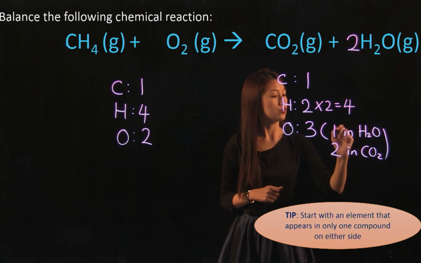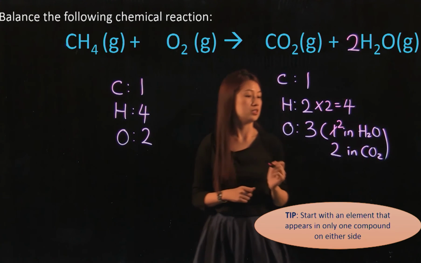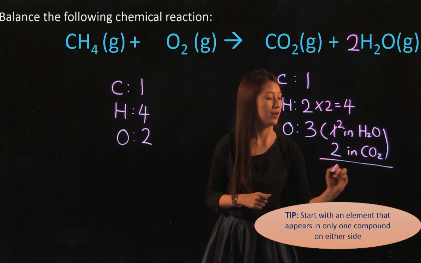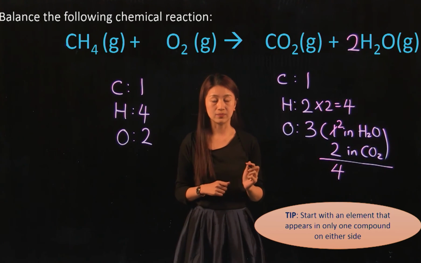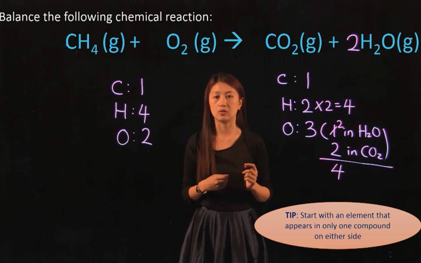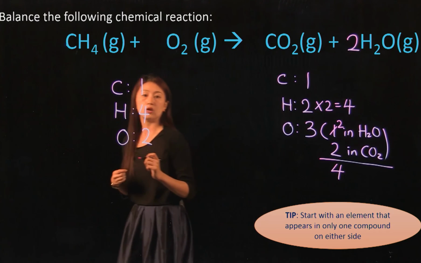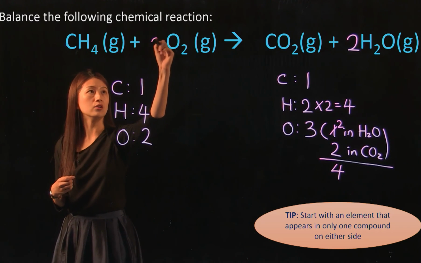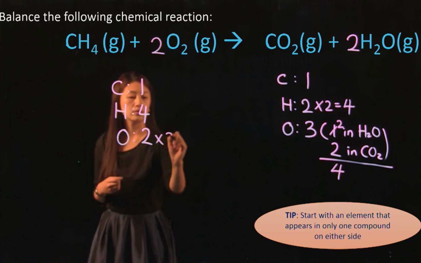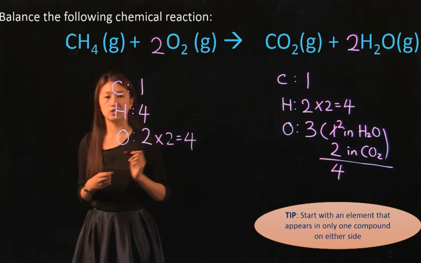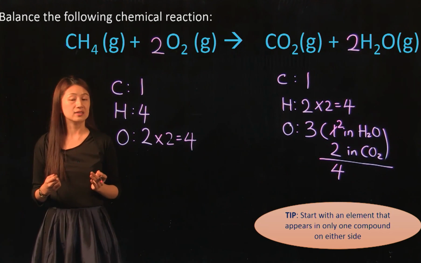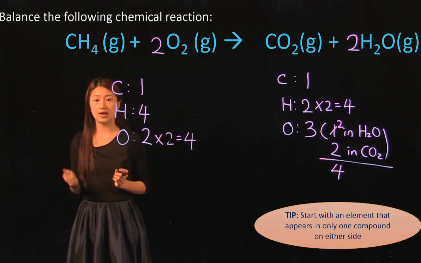We're also adding 2 oxygens on the product side, so in total I will have 4 oxygen atoms. I will then have to balance the oxygen atoms on the reactant side by adding a coefficient of 2 on oxygen gas. That means I will have a total of 4 oxygen atoms on the reactant side. And now we can say that this chemical reaction is correctly balanced.